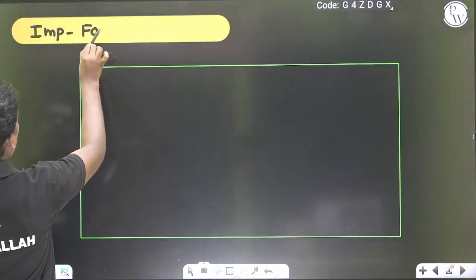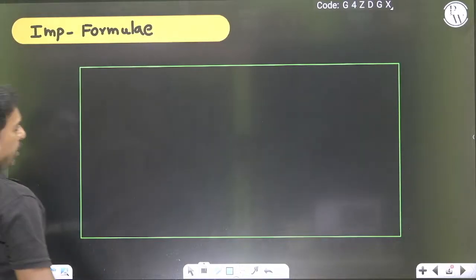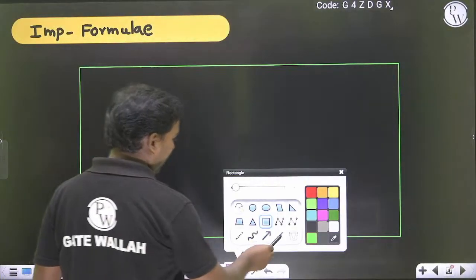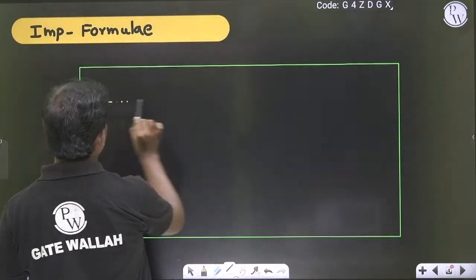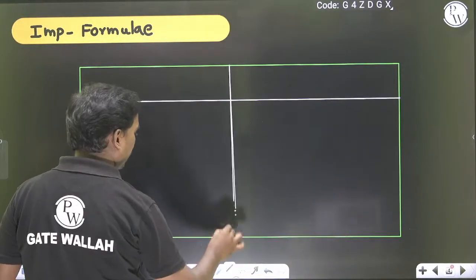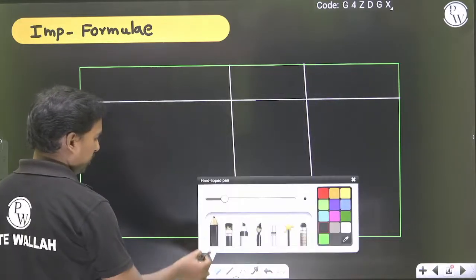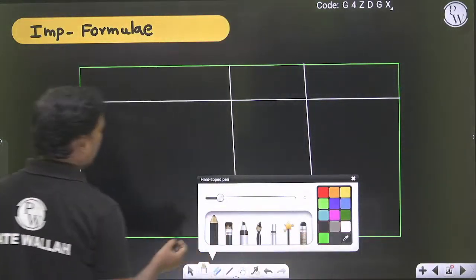For GATE reference we need the formulae. So now if you take the name of the instrument and its deflection torque and controlling torque, if we check, this is the name of the instrument.